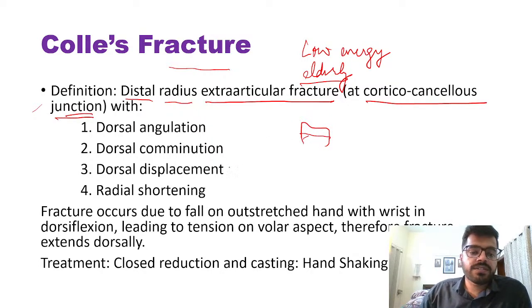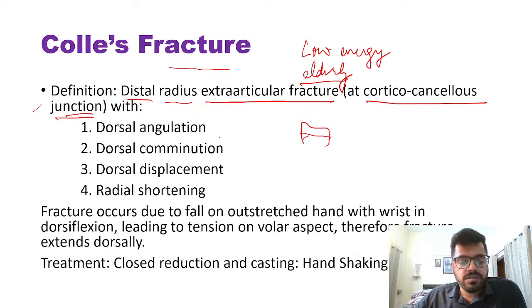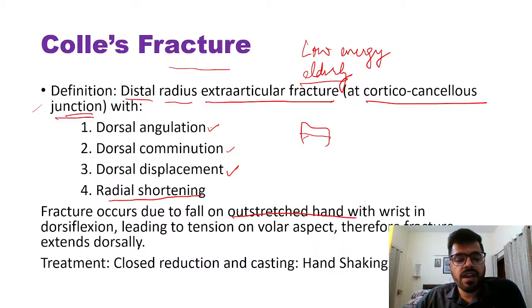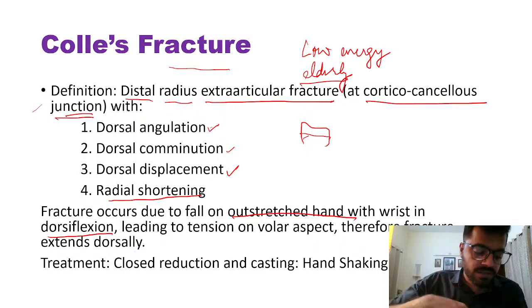What angulation and displacement occur in this? There is dorsal angulation, dorsal comminution, and dorsal displacement along with radial shortening. This fracture occurs due to a fall on an outstretched hand when the wrist is in dorsiflexion. Since the wrist is in dorsiflexion, it fell like this.